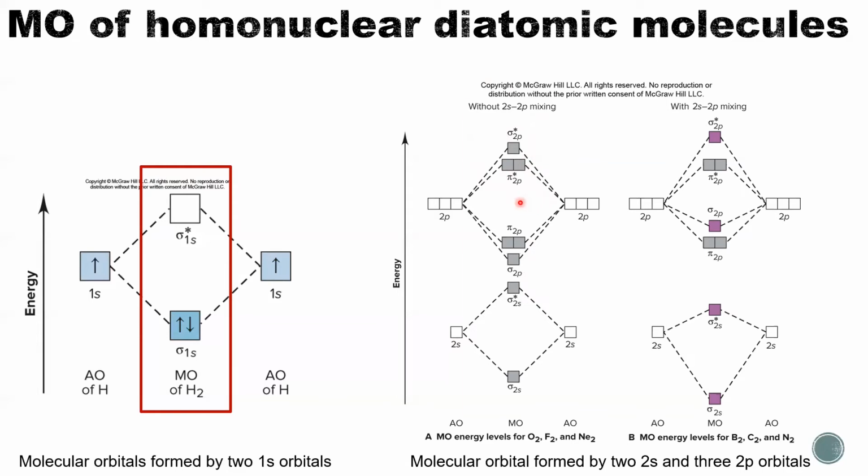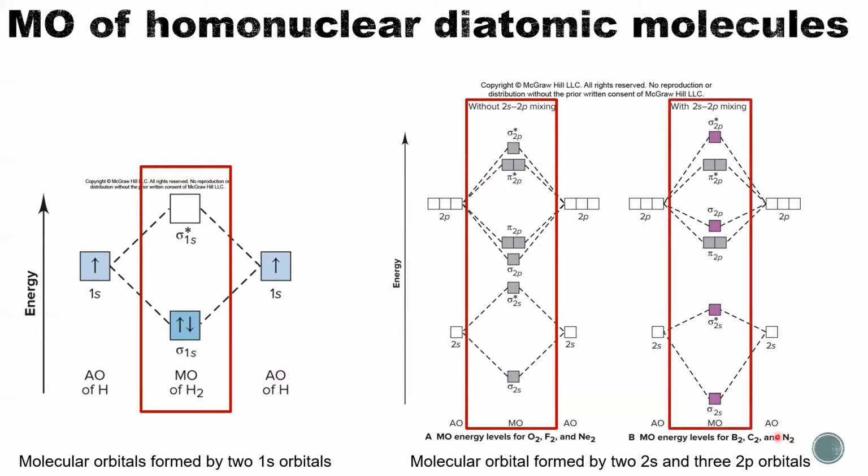But you need to pay attention that the sequence of these molecular orbitals is different for different homonuclear diatomic molecules. For the sigma 2s, it's always lower energy, and then the anti-bonding sigma star 2s is higher energy.